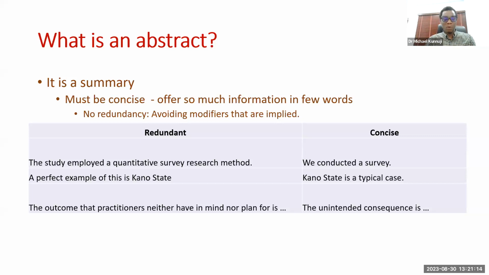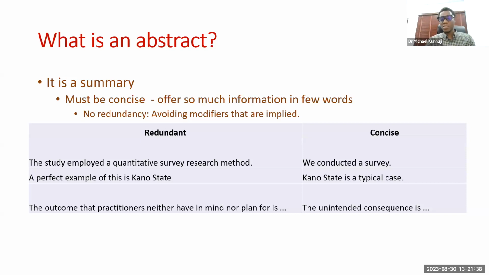So you should avoid redundancy; look at the examples we have here. If you say the study employed a quantitative survey research method, on the surface, people will say there is no problem with that. But there is a problem because there are too many redundant words in that statement. So you would rather say we conducted a survey.